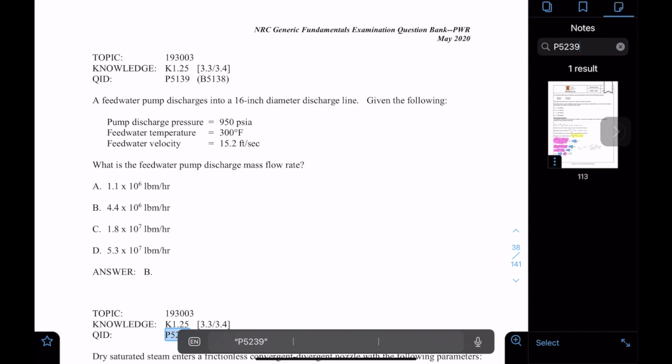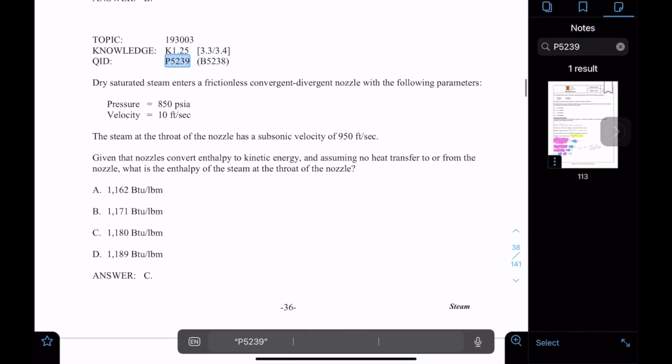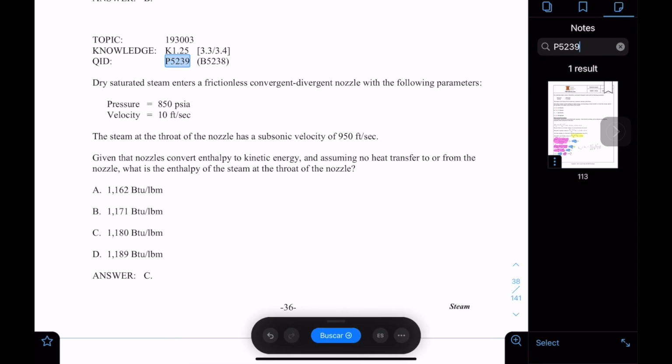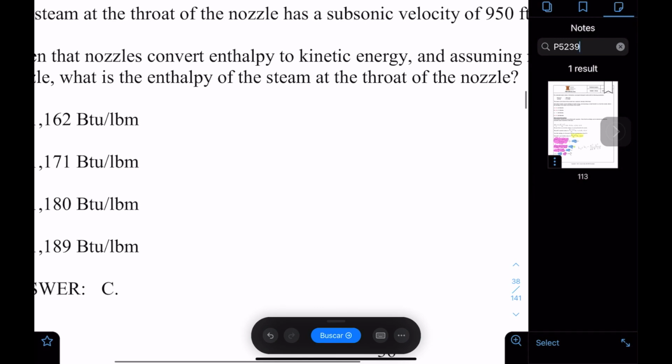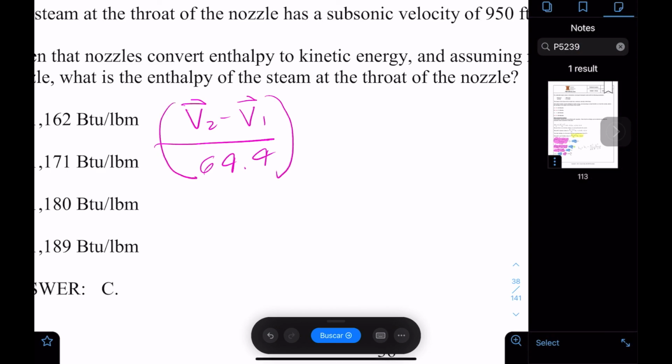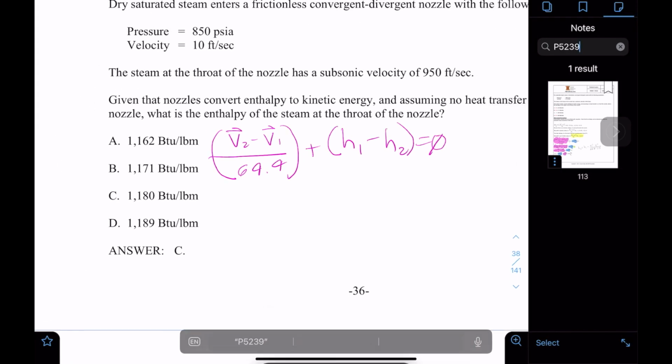For this one, it's going to be a little different. This is the formula that I use, because it comes a little bit confusing. It's velocity 2 minus velocity 1 over 64.4, which is the conversion factor, plus, and here we use the enthalpy, enthalpy 1 minus enthalpy 2 equals 0.